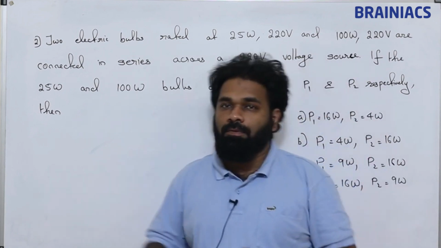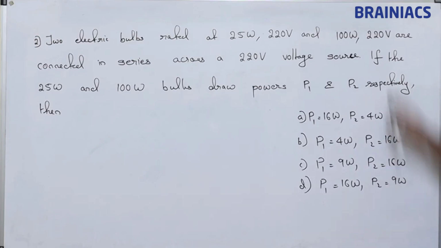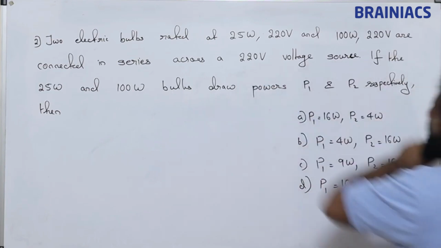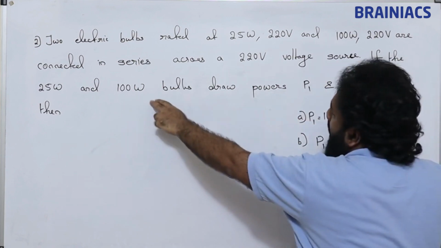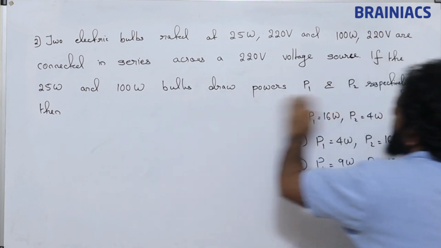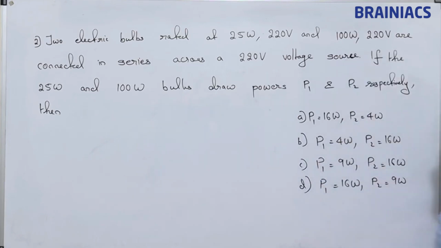Take this question, students. Two electric bulbs rated 25 watt, 220 volt and 100 watt, 220 volt are connected in series across a 220 volt source. If the 25 watt and 100 watt bulbs draw powers P1 and P2 respectively, then what are P1 and P2?